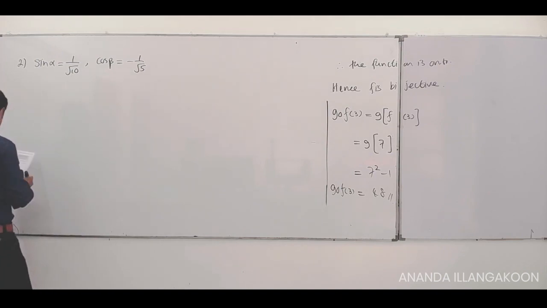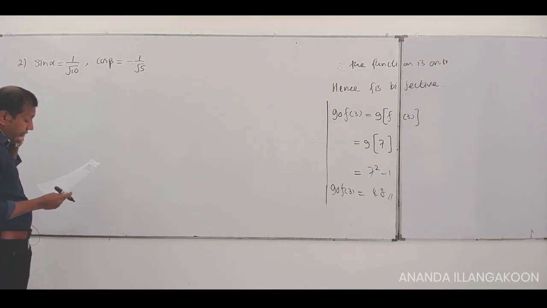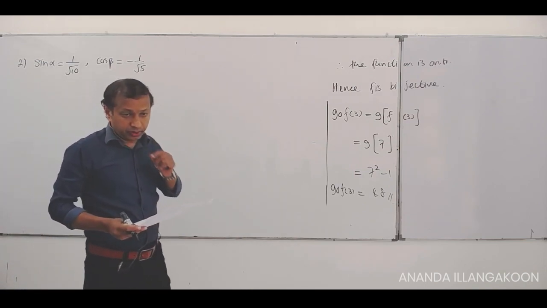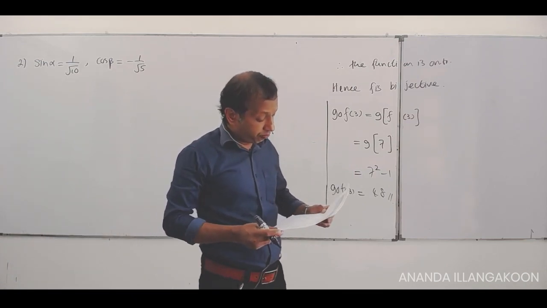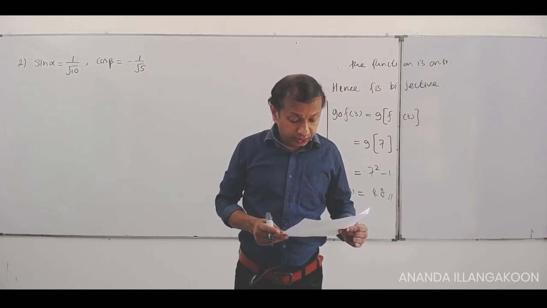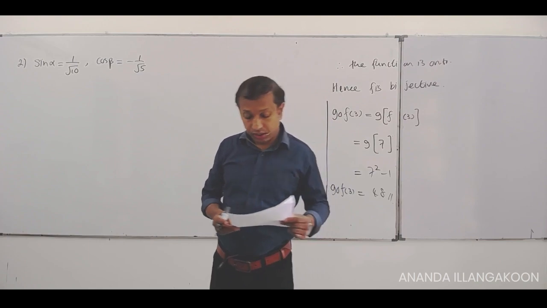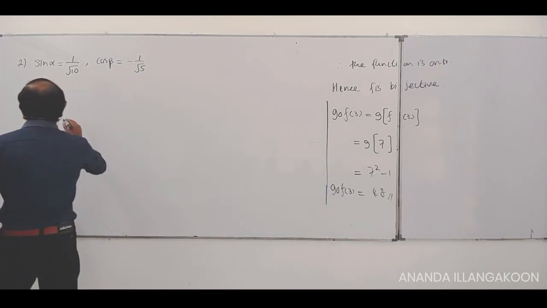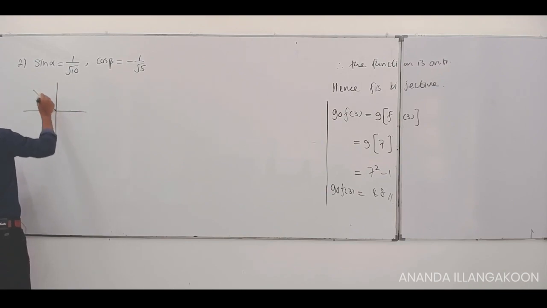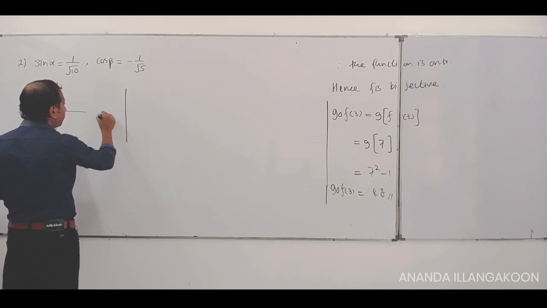Here alpha is greater than pi by 2 and less than pi, greater than 90 and less than 180. Then alpha should be an obtuse angle. Beta is also greater than 90 and less than 180. Both are in the second quadrant.